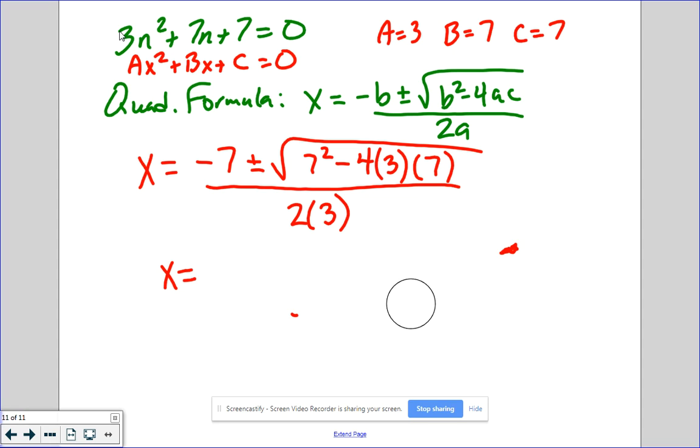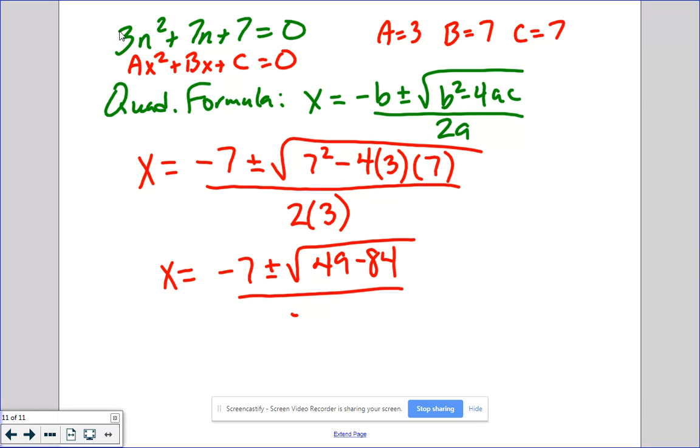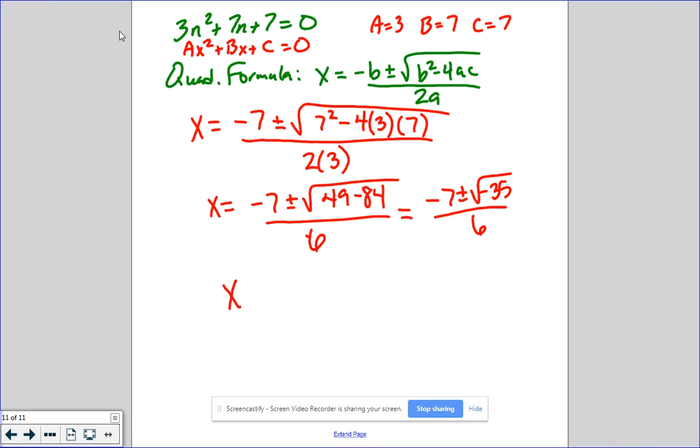We'll fix it. Negative 7 plus and minus the square root of 49 minus 84 over 6. My fault. Negative 7 plus and minus the square root of negative 35 over 6. And again, can't leave a negative under a radical, so I got to pull out i. So x equals negative 7 plus and minus i square root of 35 all over 6.